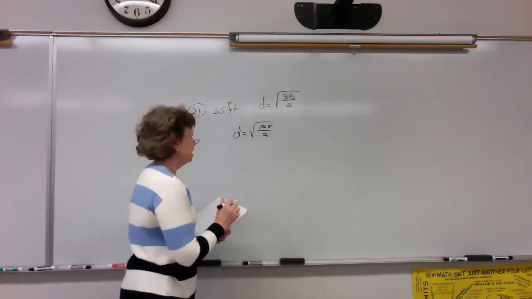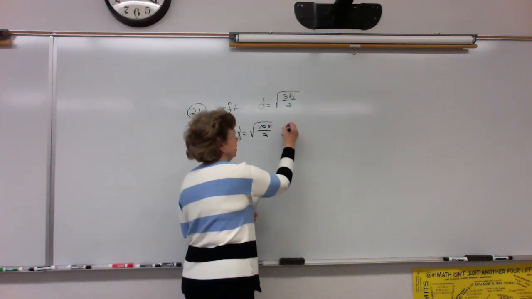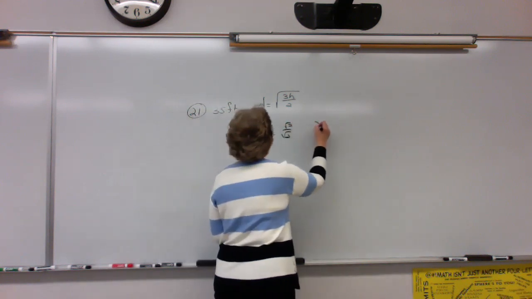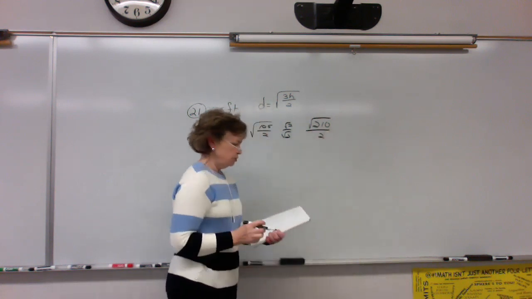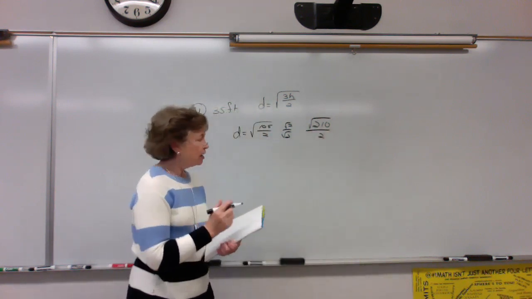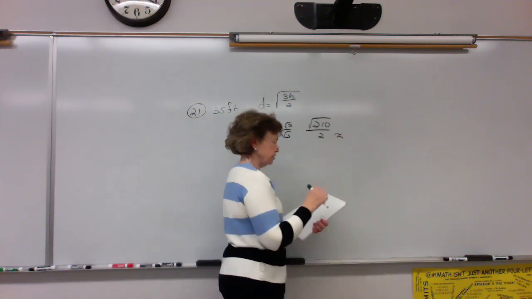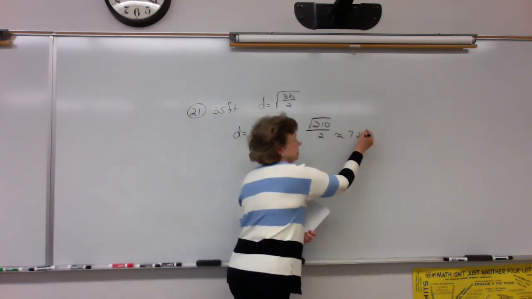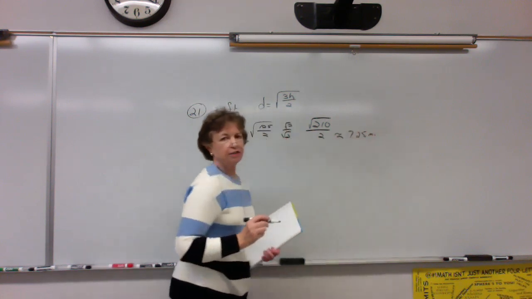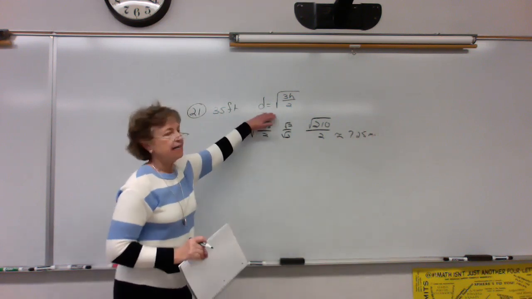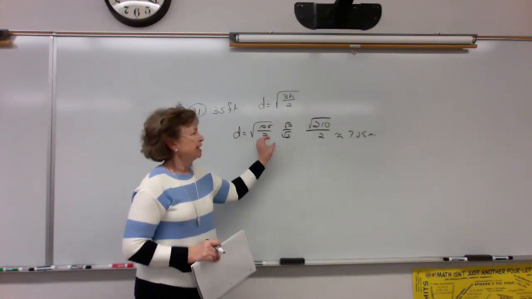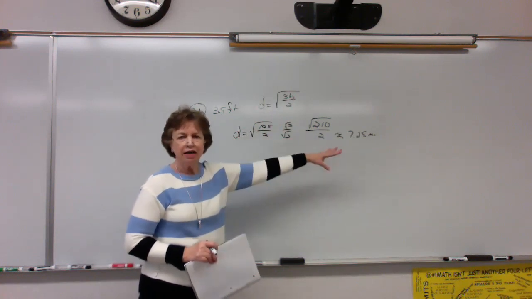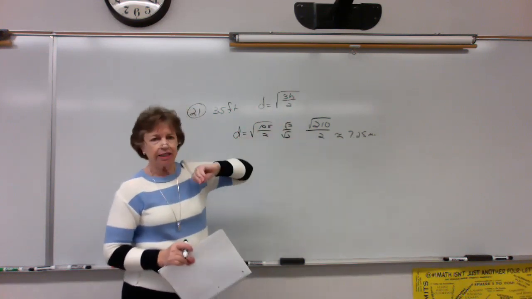Doesn't go evenly, so just rationalize that denominator, and I have square root of 210 divided by 2. At that point, I'm going to put it in my calculator and find out that that was about 7.25 miles. So I'm using the formula that they gave me from example 6, replacing h with that new height, and then just getting rid of that denominator, putting it in my calculator, good to go.